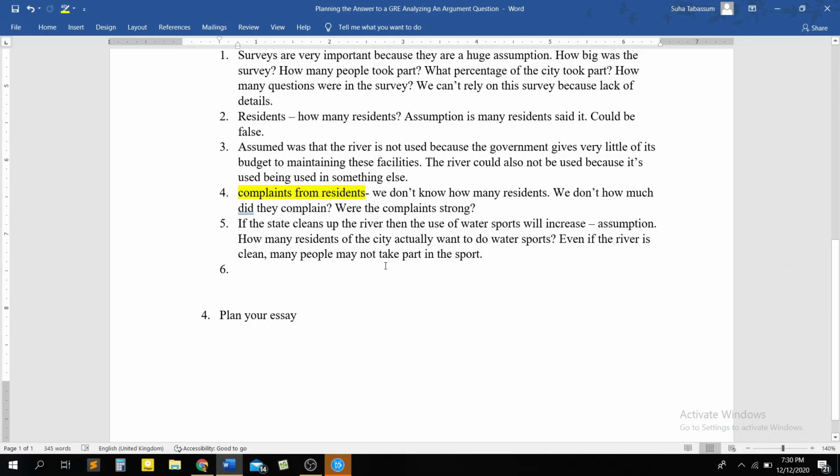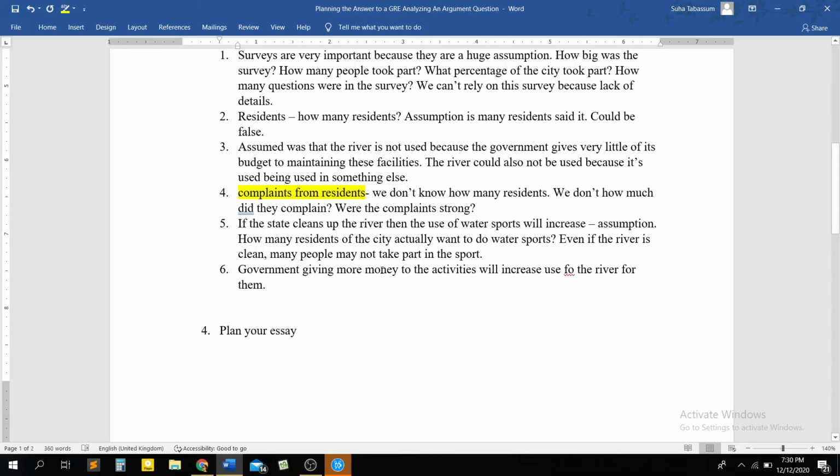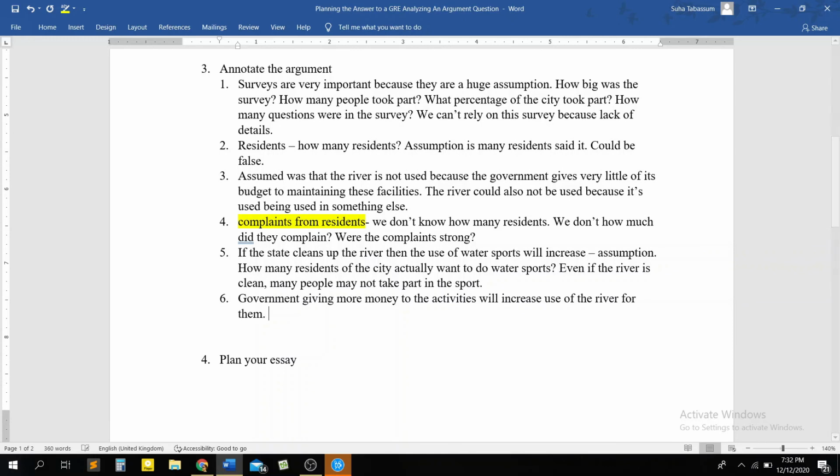And finally, what we can say is that they assumed government giving more money to the activities will increase use of the river for them. That was the assumption, but this could also be a huge waste of the budget.